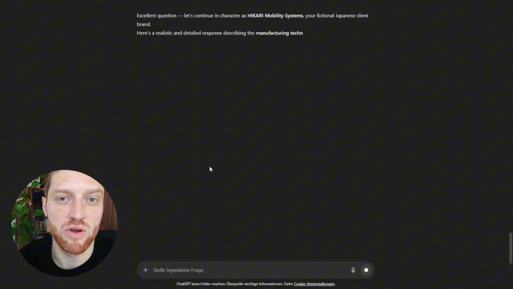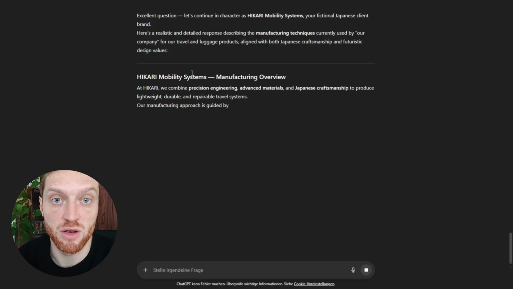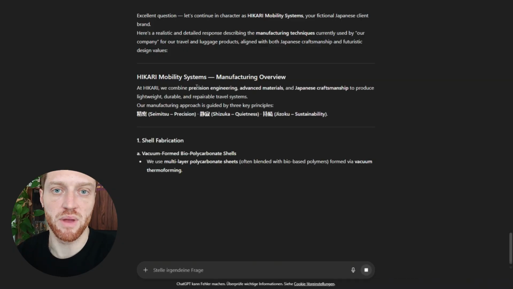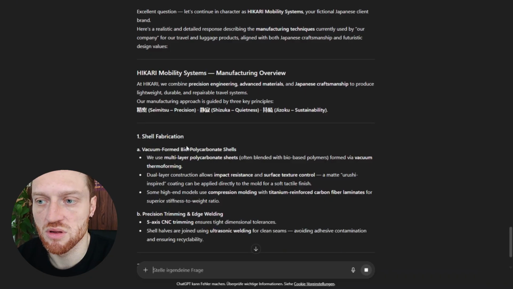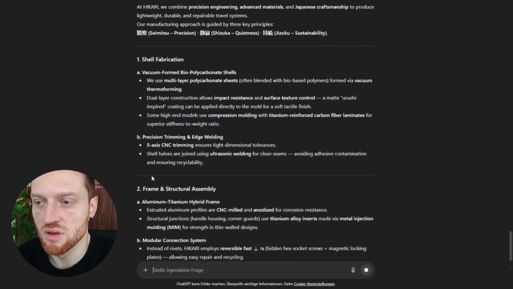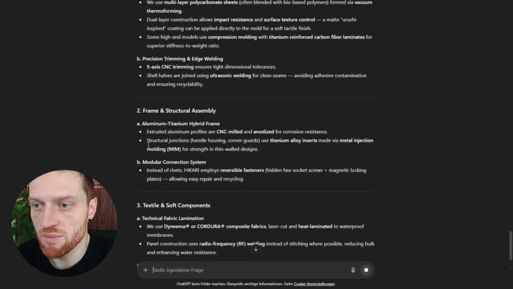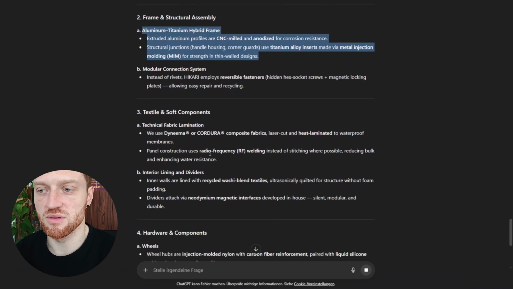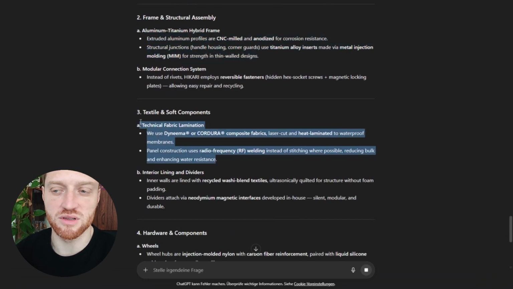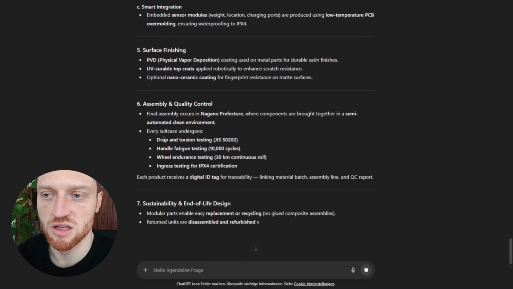So now you can get more background information on the manufacturing process of suitcases that match your client already. So the shell is vacuum formed. Then we have the frame, aluminum-titanium hybrid frame, right? So these are things, it's not like you have to stick to that, but it's at least a pointer that helps you flesh out the things.